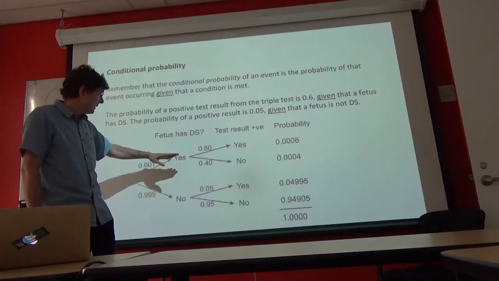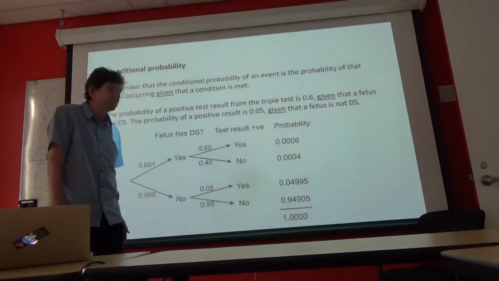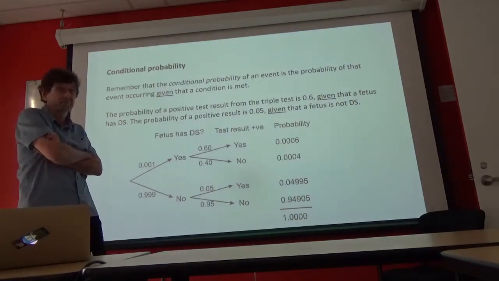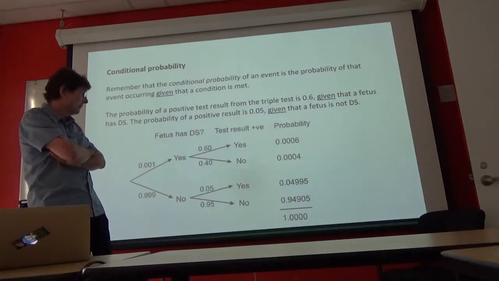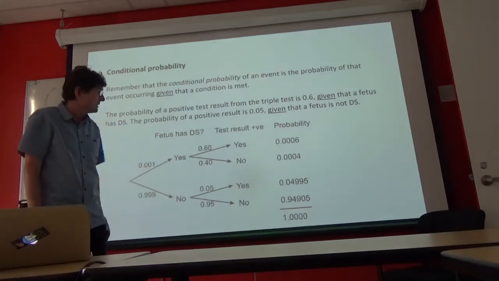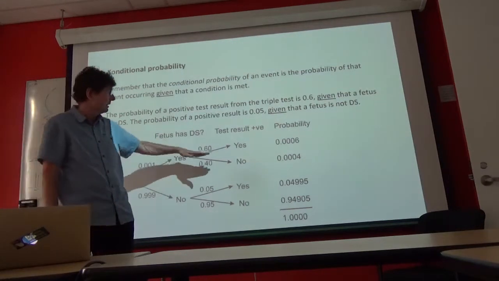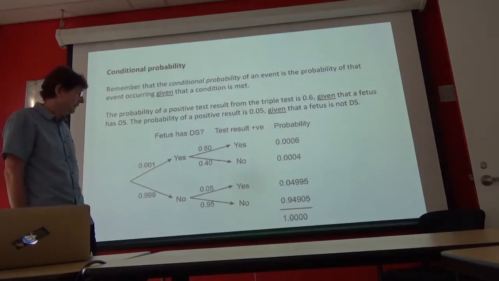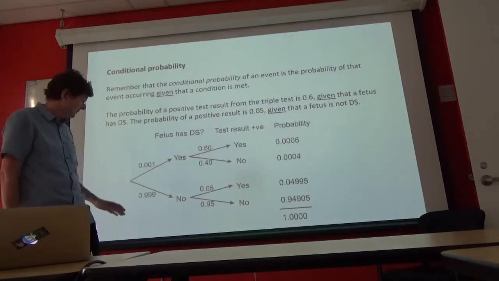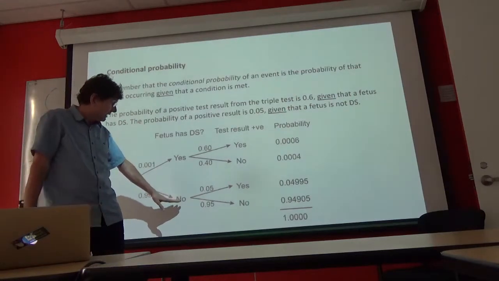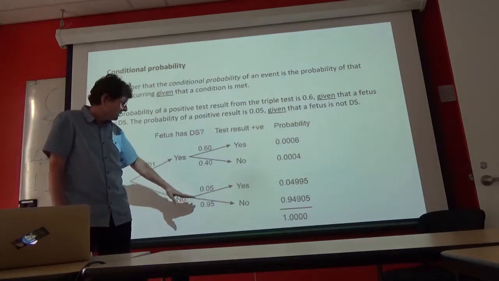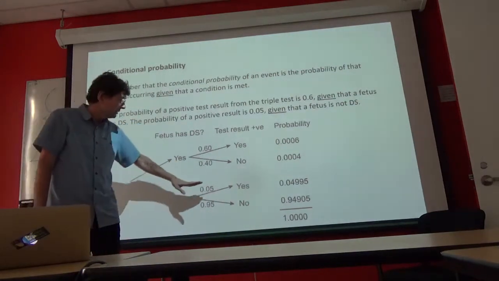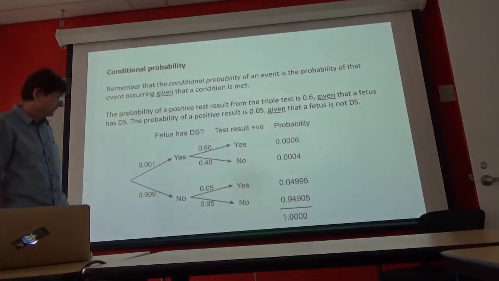We know that if a fetus has Down syndrome, there's a 60% chance that the triple test will give a positive result, and a 40% chance of saying no. So as I said, it's not hugely accurate, but nevertheless useful. If a fetus does not have Down syndrome, however, there is a 95% chance that the test will be negative, and only a 5% chance that the test will be positive.